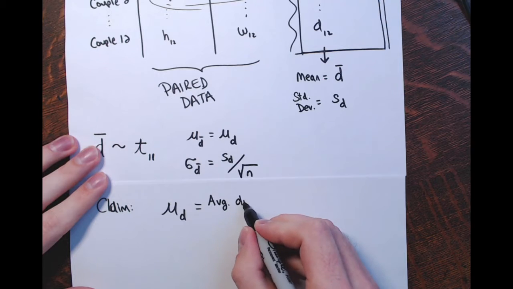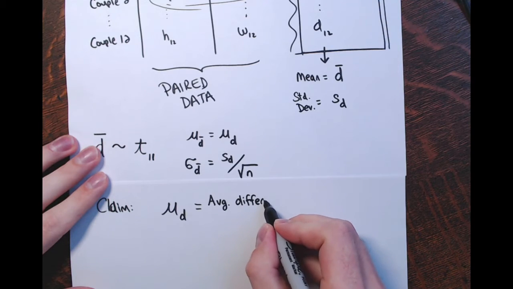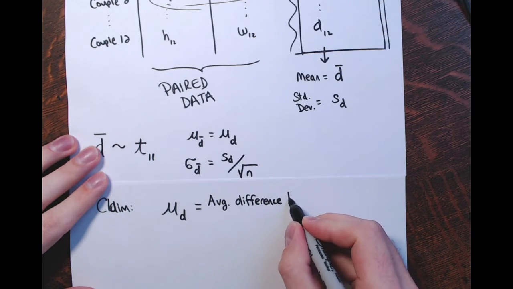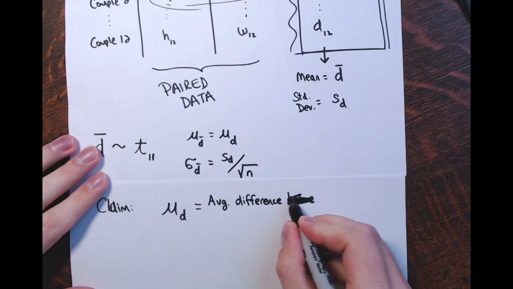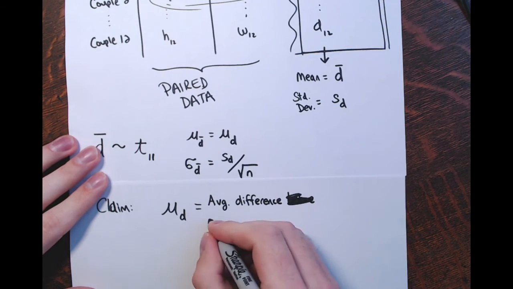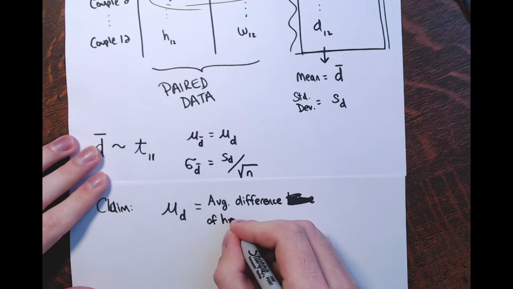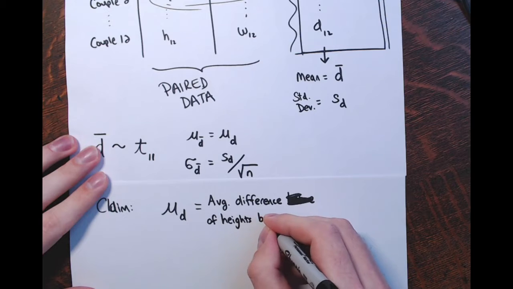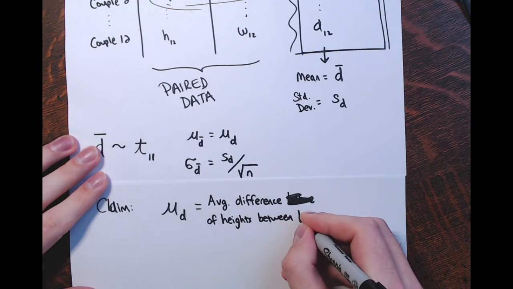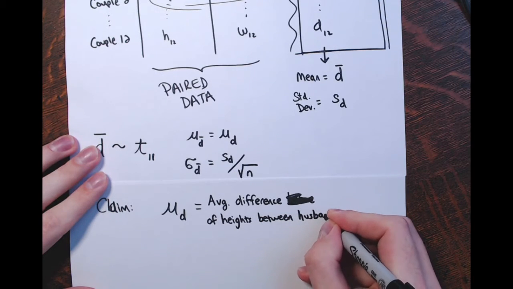This is the mean difference between ages, the average difference of ages between husbands and wives for all couples.